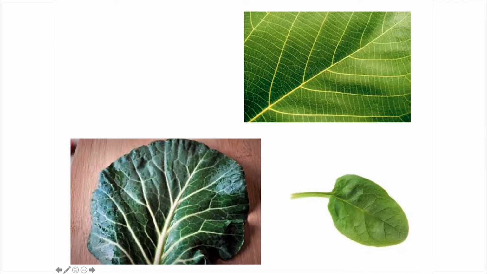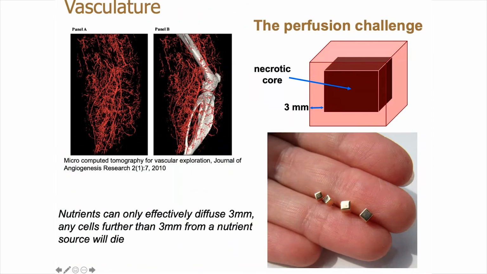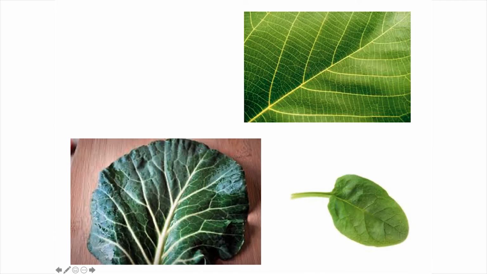This is a spinach leaf. But if you look at the spinach leaf, so let's go back to this. Oh, no, wrong way. These are the blood vessels in the leg, and you can see how they branch and become smaller and smaller. Similarly, these are veins in a leaf. This is a spinach leaf.